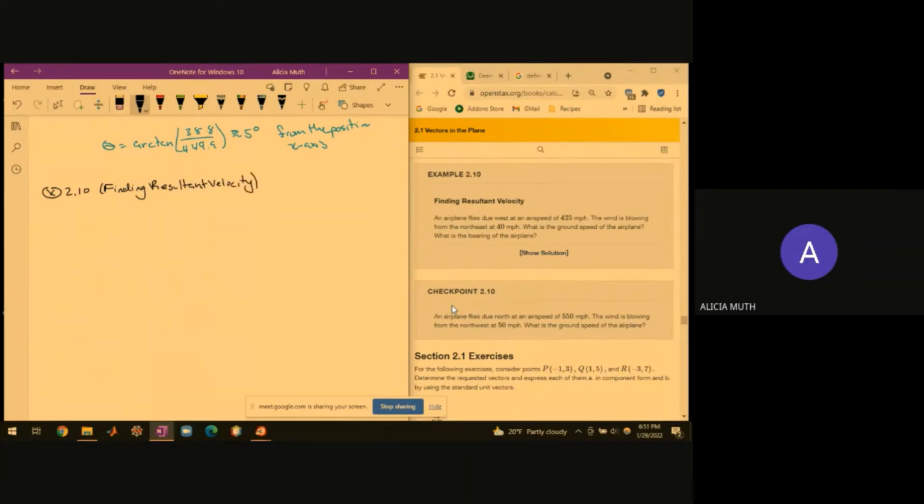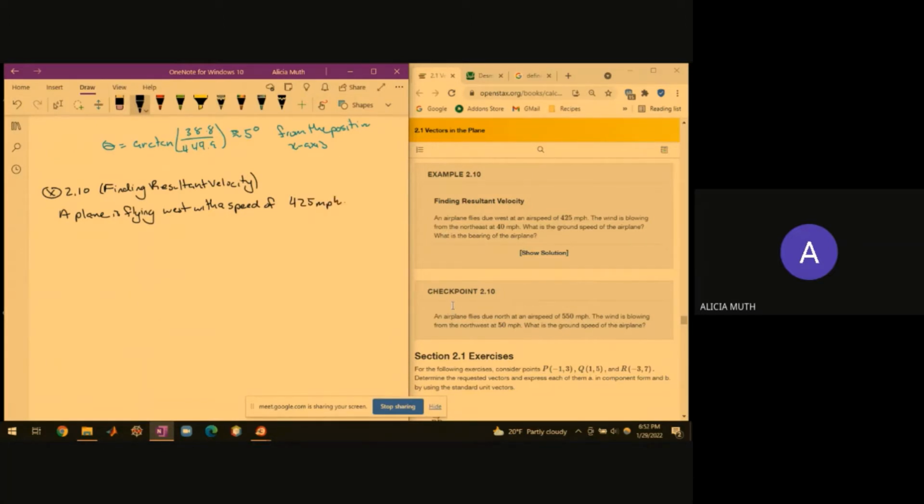Okay, so an airplane is flying west with a speed of 425 miles per hour. Whoops, I wrote it with these fours. 425.